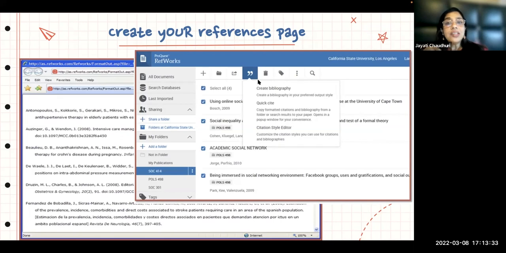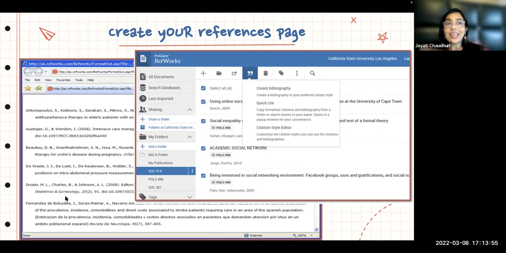Once you click on the quotation mark symbol, the create bibliography option will pop up, and you can select your citation and then again click on create bibliography, and that will bring you to the next page, the screenshot you see in the background, where you need to select the citation style.